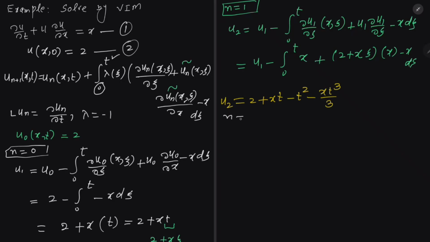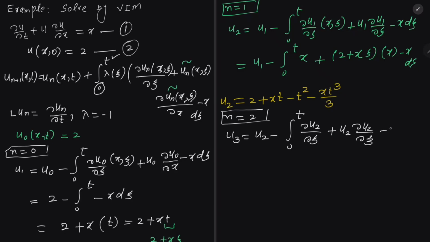Similarly, we put n is equal to 2, and then we have u3 equals u2 minus the integral from 0 to t of partial u2 by partial xi plus u2 partial u2 by partial xi minus x dxi. We put the value of u2 over here. You can see that it is a bit complicated, but you can try it and solve it maybe in 1 hour or so.